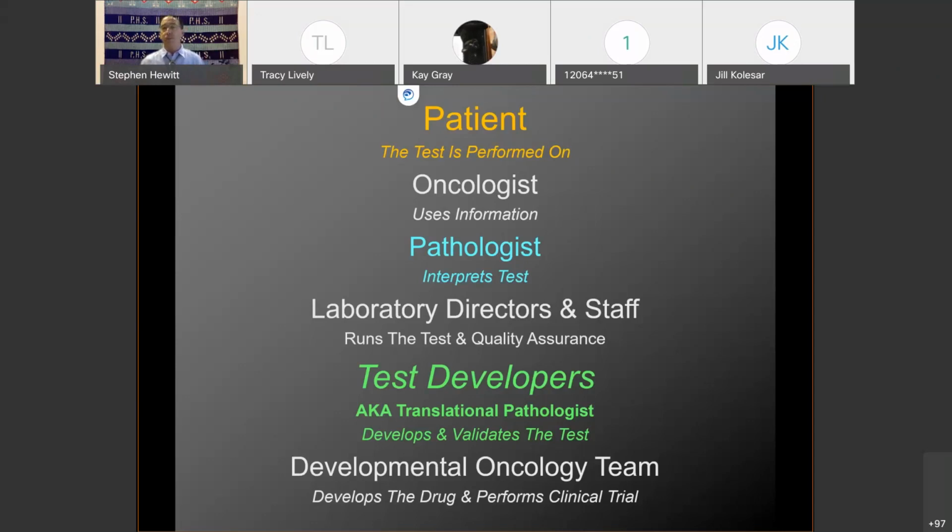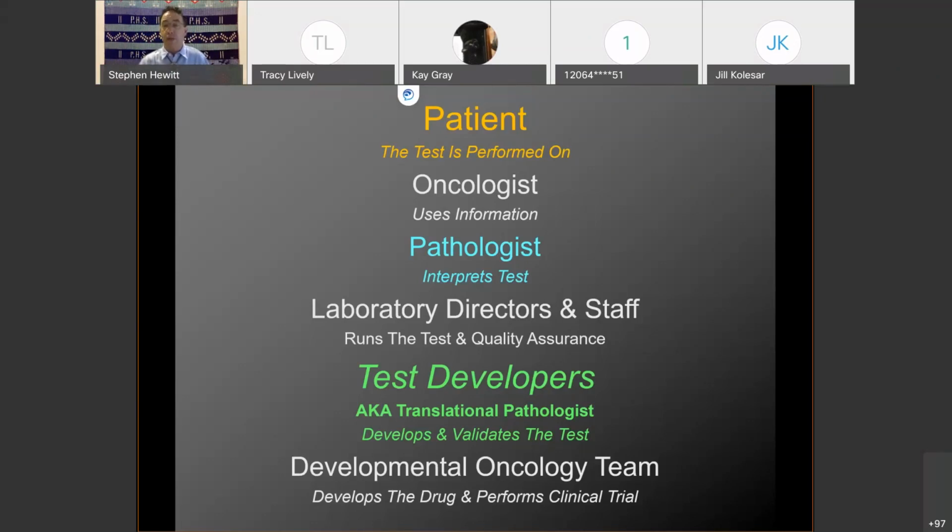However, oftentimes that frontline pathologist, that sign-out pathologist, is not the person who's going to be developing the test or validating the test. You have a lab director and his staff who run the test and perform the quality assurance. They may, in some instances, be the test developer, but oftentimes they are not. The test developers live in a translational pathology world, and they develop and validate the base test.